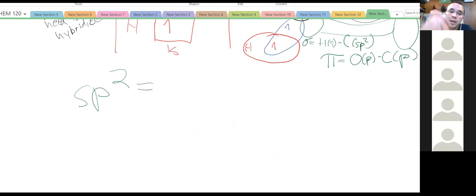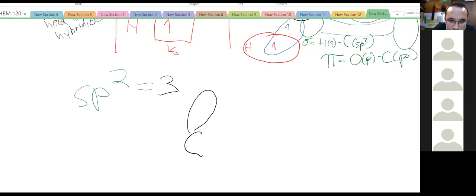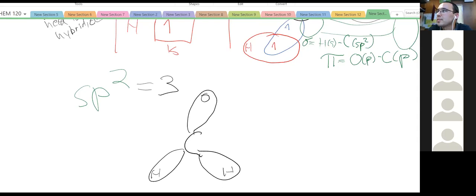Is it 3? 3, right? And so what kind of electron geometry do you have if you're 3? Trigonal planar. Trigonal planar, very good. So our carbon kind of looked like a triangle, right? And so on one of them, we put a hydrogen. On the other one, we put a hydrogen. And on this third one, we put an oxygen.